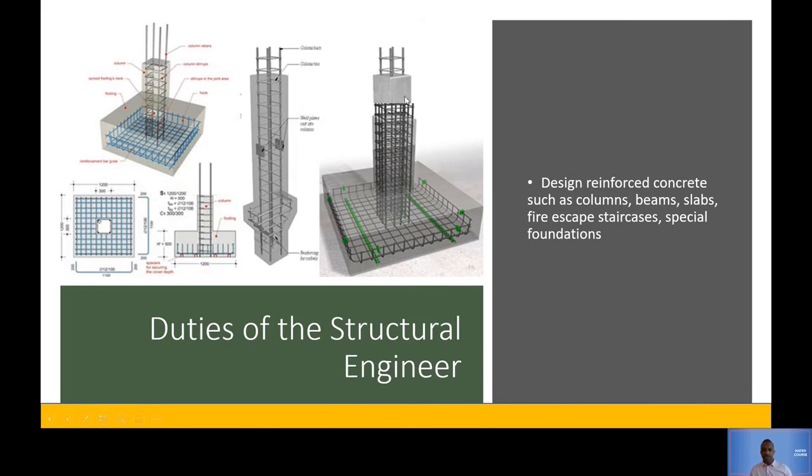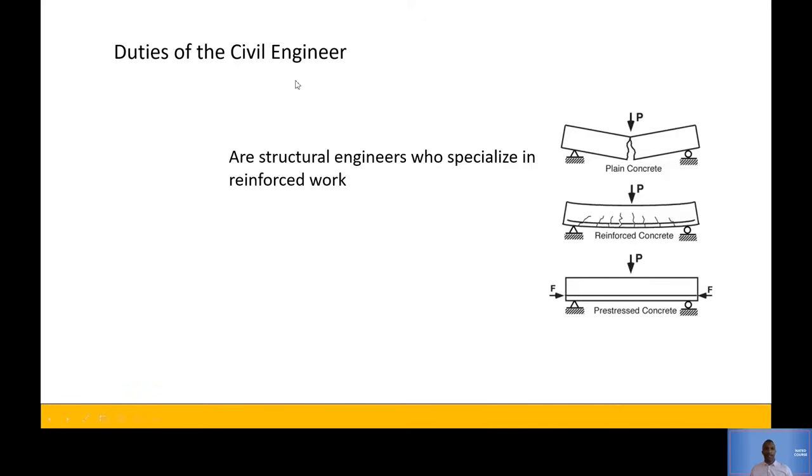The reinforcements of the columns and the beams and the slabs and the staircases and the foundations, all of these construction bits, the reinforcement of them is done by a structural engineer. And then the civil engineer can also be a structural engineer, also specializing in the reinforcement work.